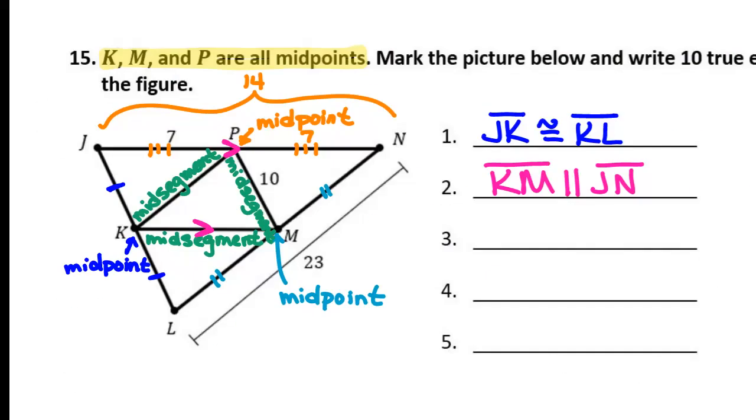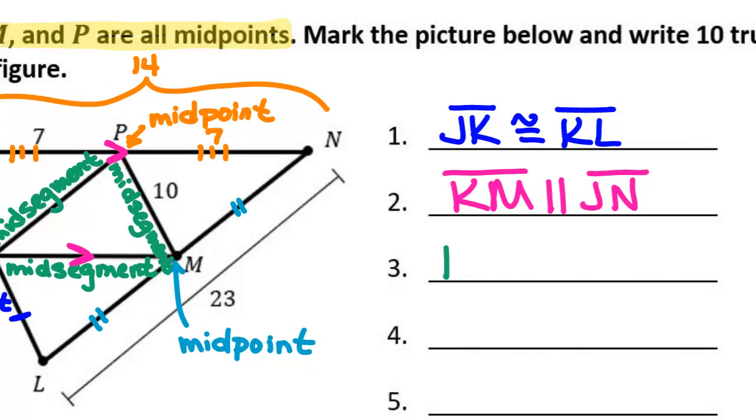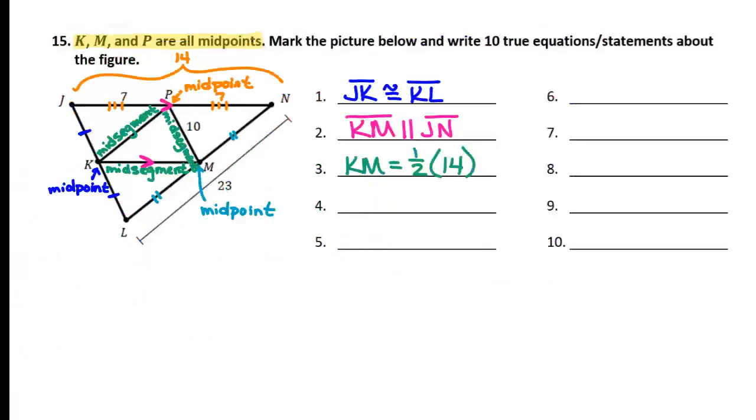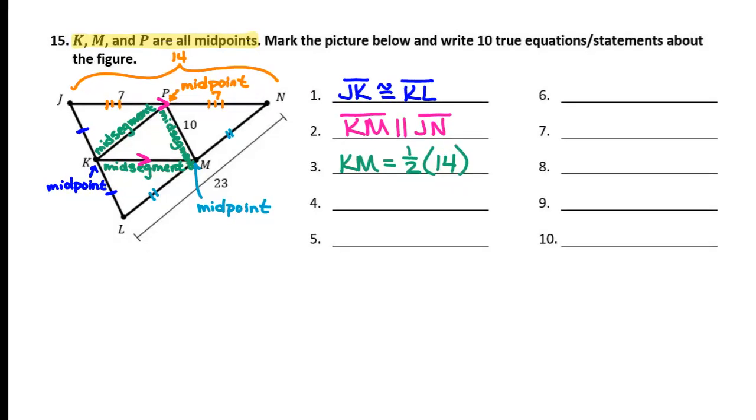And our mid-segment, KM, is equal to half of side JN, so it's half of 14. Can you see any other statement that I could make that would be kind of like that? Anything else that I could say?